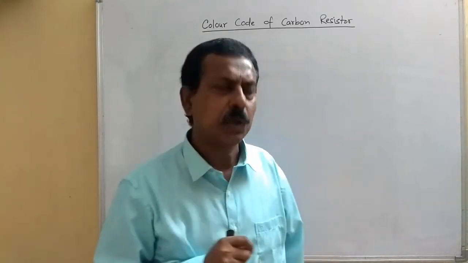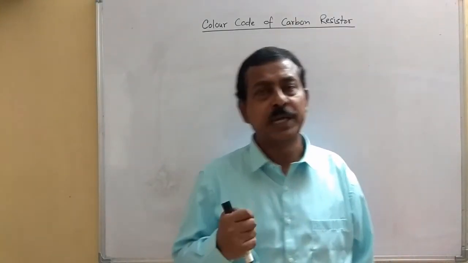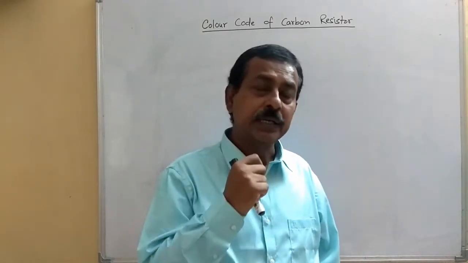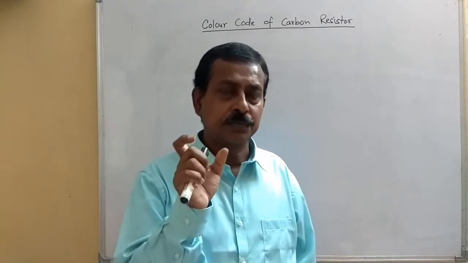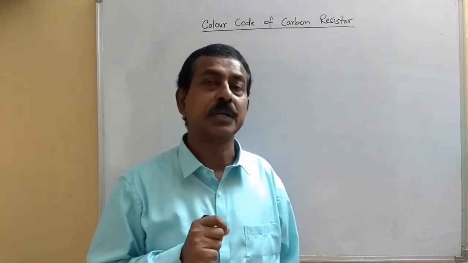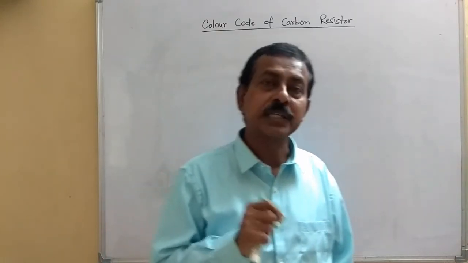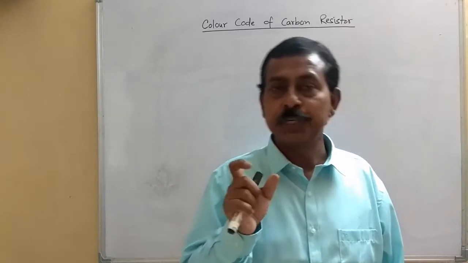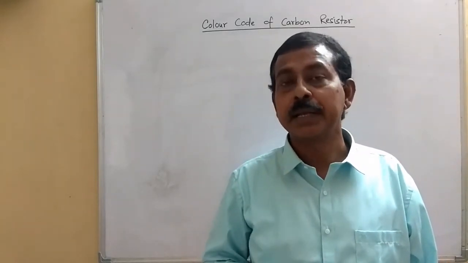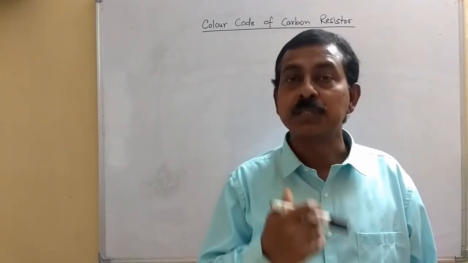We'll also discuss why there is a color coding for carbon resistors. Why do we do that? And finally, one shortcut method of remembering the color sequence. Also, we'll discuss that if a particular carbon resistor is given, what is the correct way of decoding its color sequence.